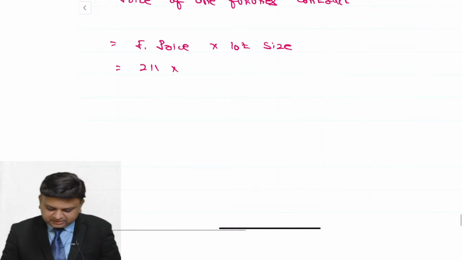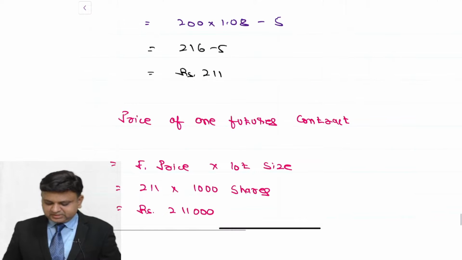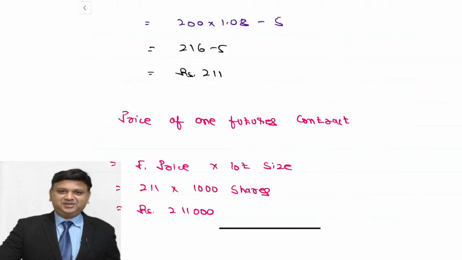So it is 211 into 1000 shares. That comes to 2,11,000. This is the way the answer can be calculated.